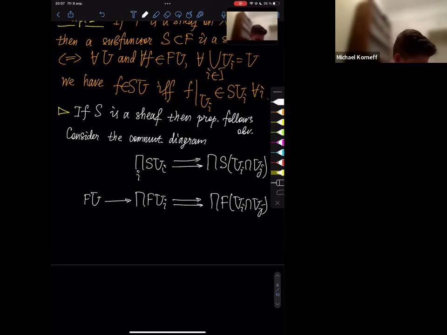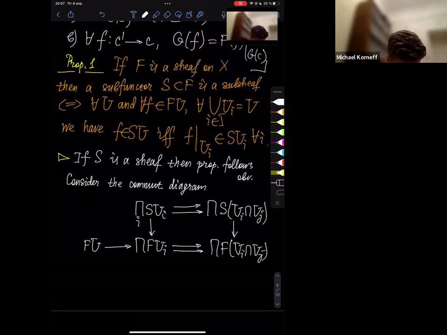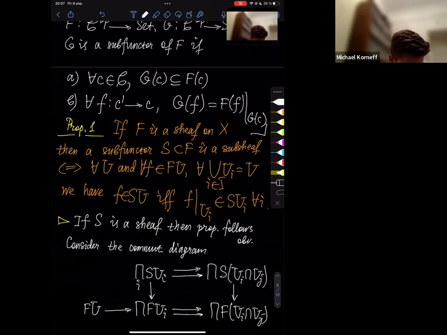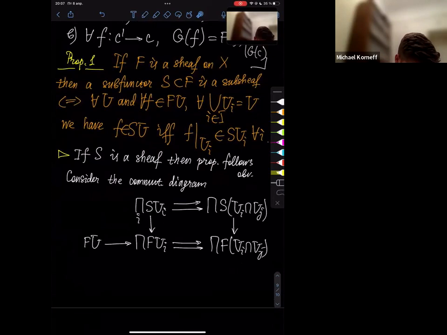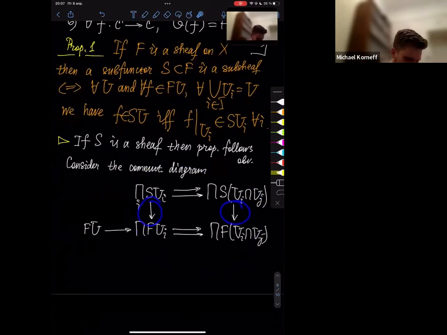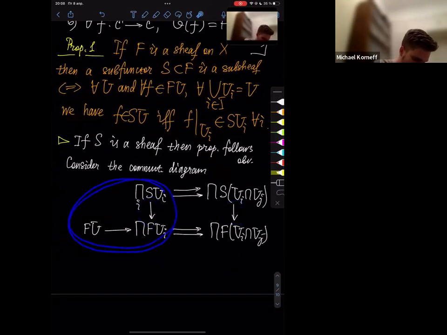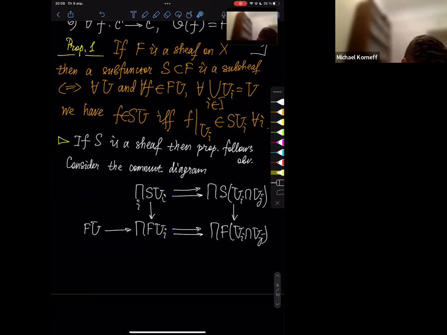It exists, and we have induced maps because of the definition of subfunctor. We have these maps. Okay, and we can consider the pullback of this diagram. Consider the pullback.